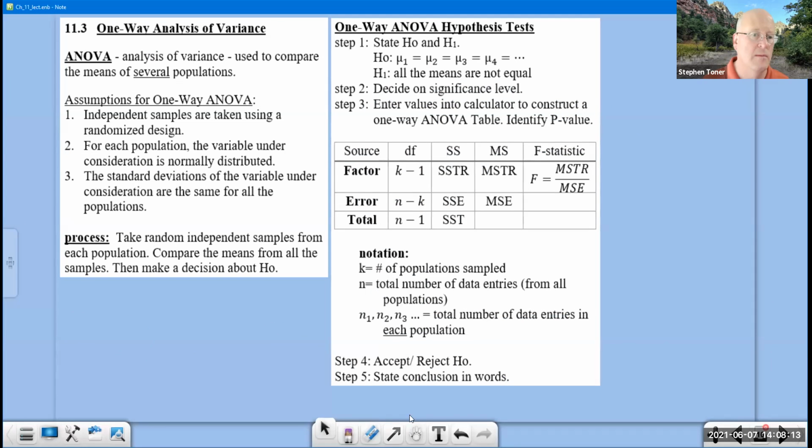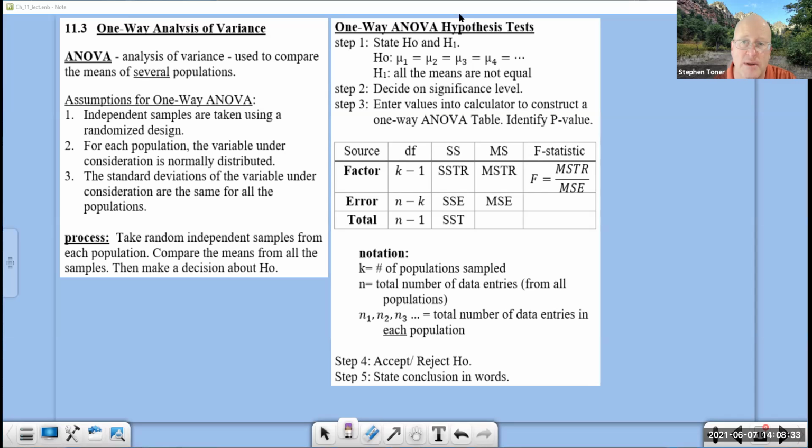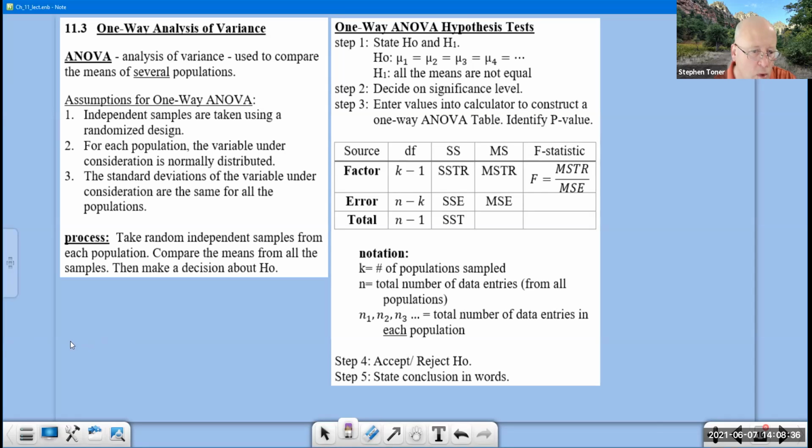Now we've got one more type of test, which is called the one-way analysis of variance. And analysis of variance has that acronym, which becomes ANOVA. And it is used to compare, as it says, the mean of several populations. Let me draw something down here in the corner here. Once you know that we're dealing with means, if you have one mean, you know that you're going to be dealing with the t-test.